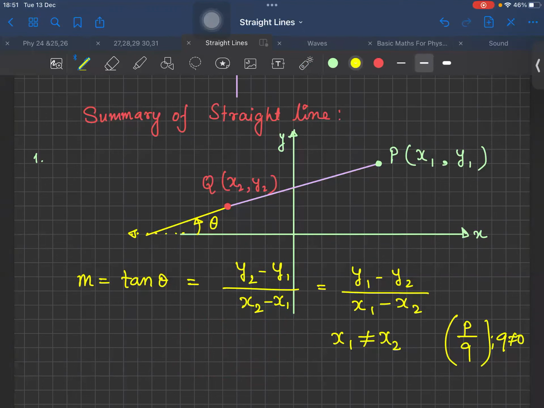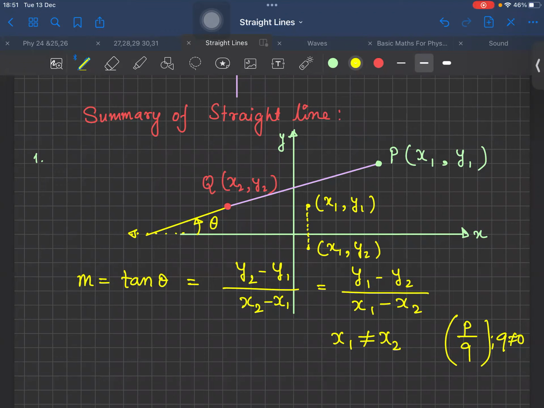x1 is equal to x2 means what? That means x1 and x2 both are the same. This is x1 comma some y1, and this is x1 comma y2. Here x1 and x2 are both equal.